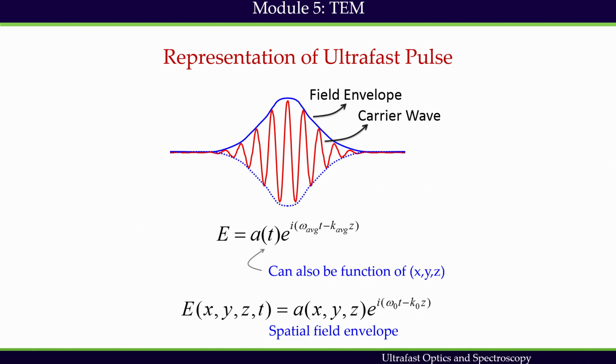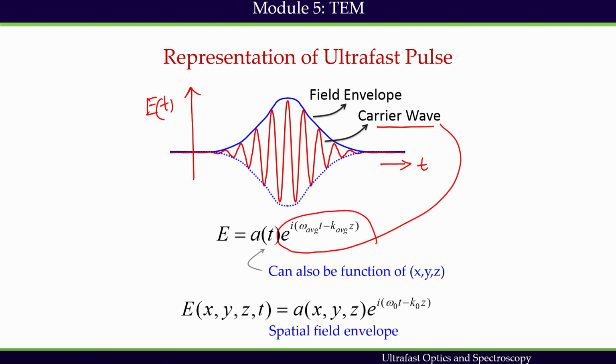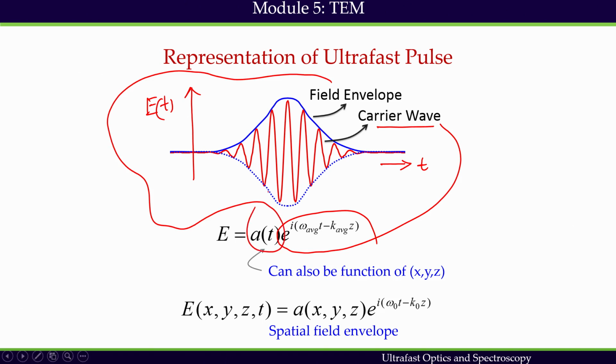We have already seen that a pulse can be decomposed into a carrier wave and the field envelope as shown here. So this is your time axis, and this is your temporal field, and a pulse has a carrier wave that is represented by this complex component, and it has a field envelope as well, which is expressed by this a of t.